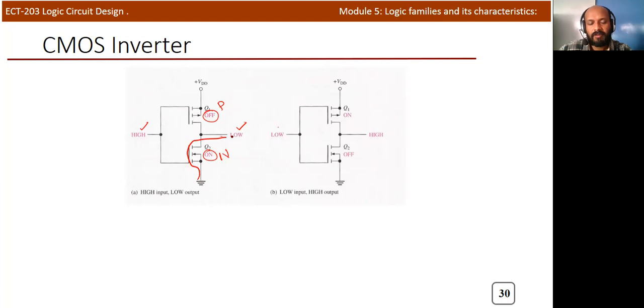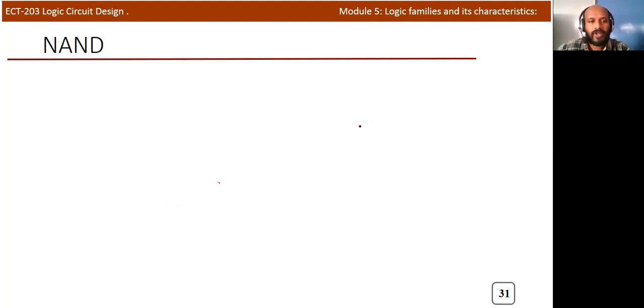We already explained this in the previous slide using the other diagram; we are repeating the explanation with the other circuit. If you apply 0, or logic low, the PMOS transistor will be on and the NMOS will be off, so you will get VDD at the output side, that is, logic high.